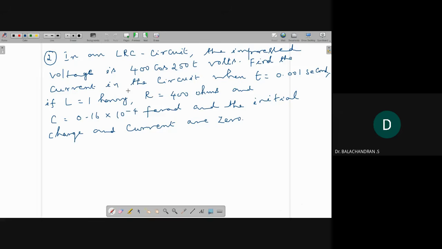Find the current in the circuit when t equal to 0.001 second, if L equal to 1 Henry, R equal to 400 ohms, and C equal to 0.16 into 10 to the power of minus 4 Farad. The initial charge and current are 0.